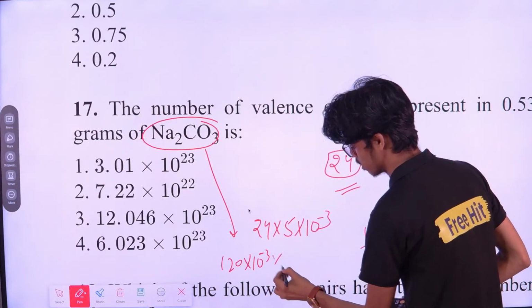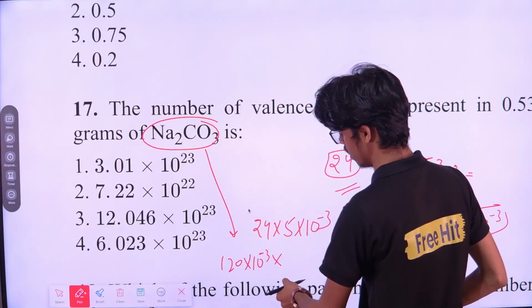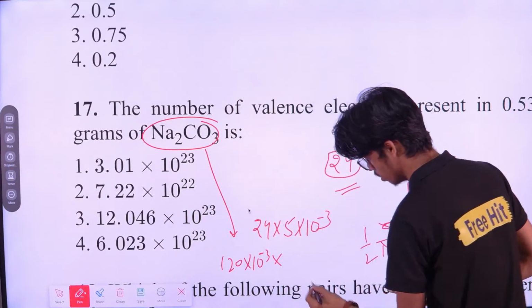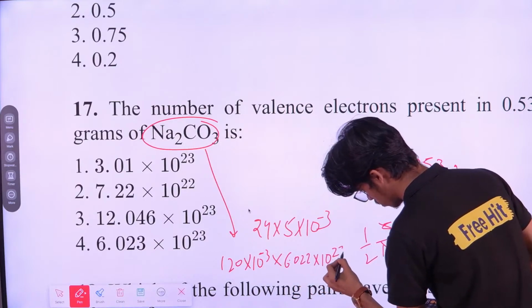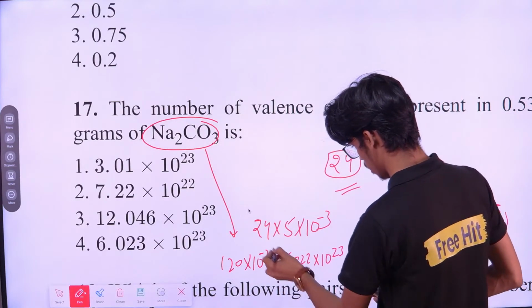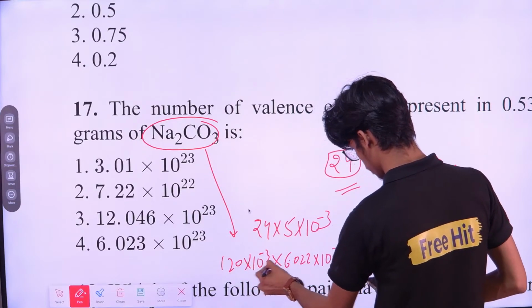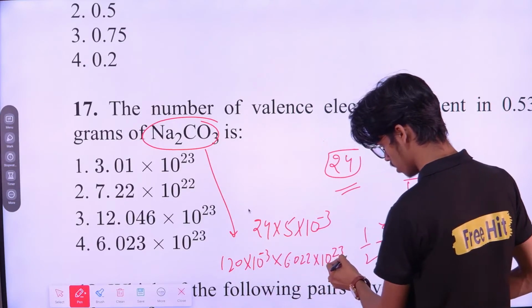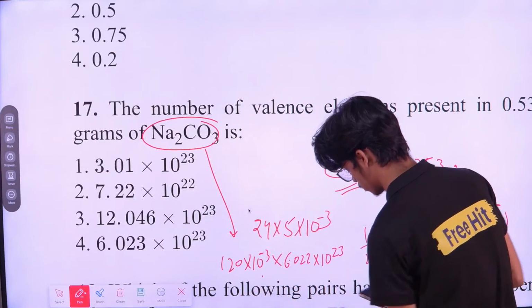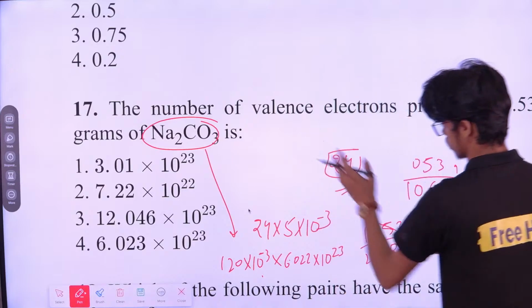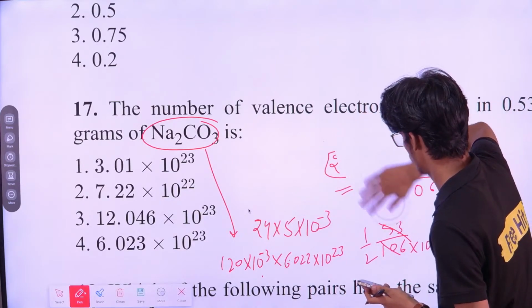That's why I was thinking that if I multiply with Na, I will get 10 to the power 26. So multiply it with 6.022 into 10 to the power 23. Now let's see, 10 power minus 3, 23 minus 3 is 20, and I'll just write it here.